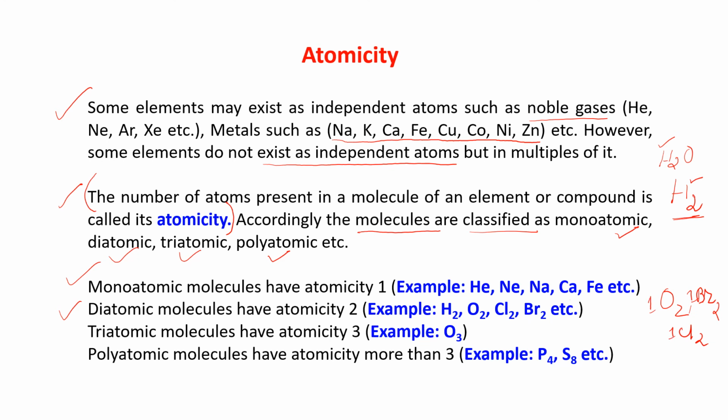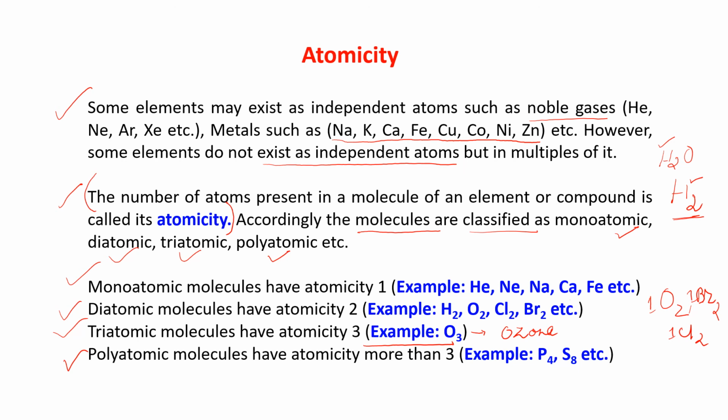So one molecule contains two atoms. Triatomic molecule, typical example, ozone, O3. The name of this element is ozone. It is triatomic. It is made up of 3 atoms of oxygen.